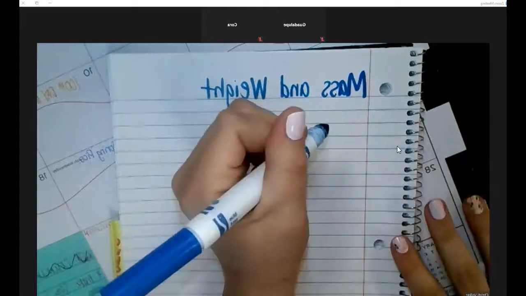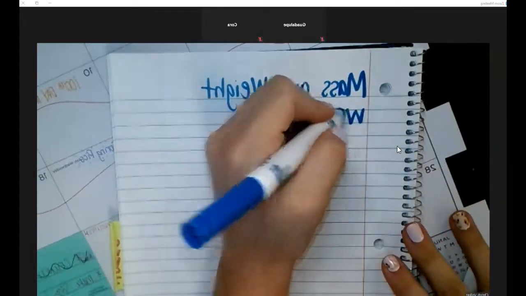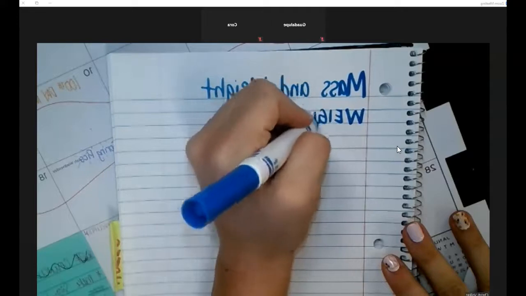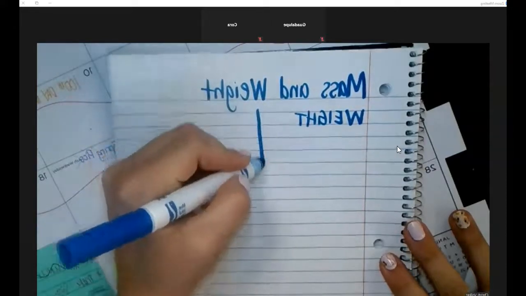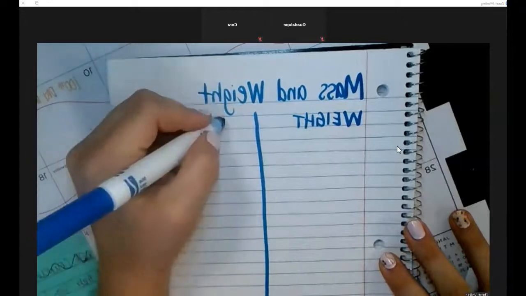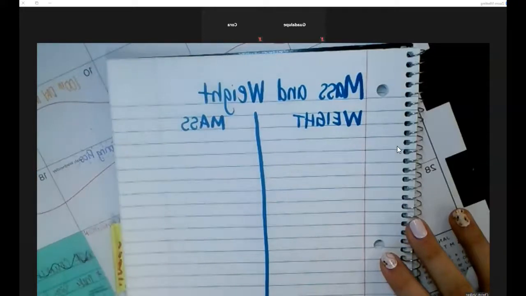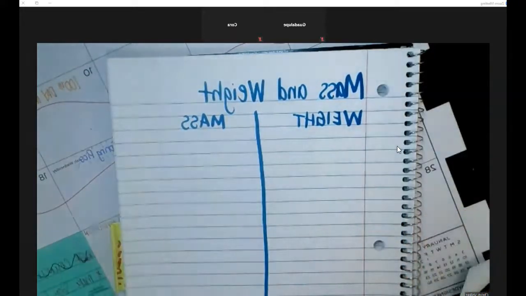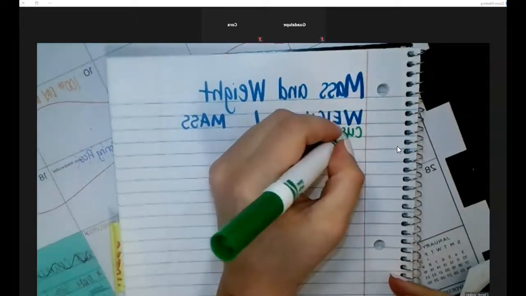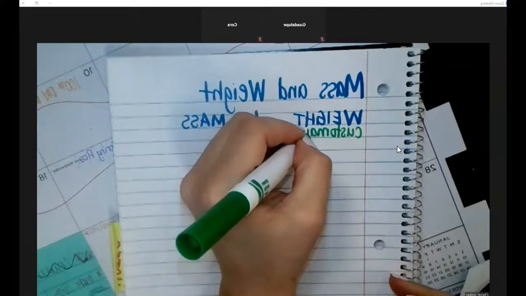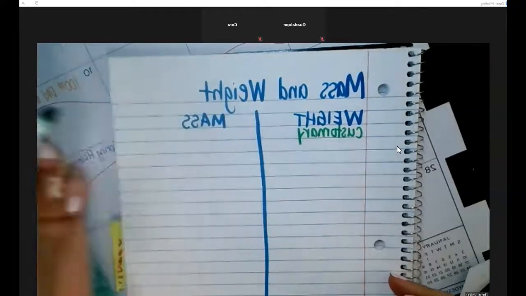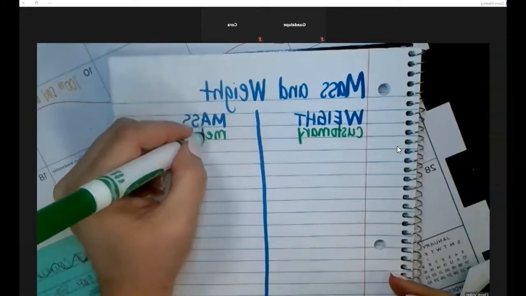Okay, on the left, we'll do weight. So again, put weight. And then we're going to split our paper in half. And on the other side, put mass. So weight is how heavy an object is, right? Weight is what we use in the United States. That's the customary unit. Mass is metric units.